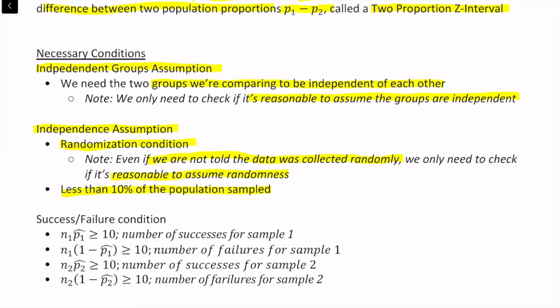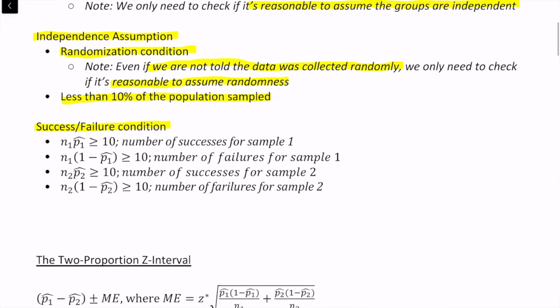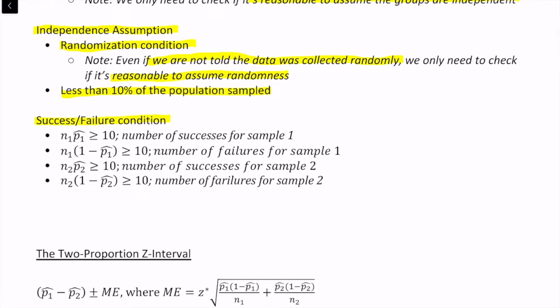Then, as you hopefully know, for proportions we have to ensure that we have the correct number of successes and failures, which we often refer to as the success and failure condition. Usually we do n times p and n times 1 minus p. You may be asking yourself, why do I have four checks here? Well, remember, we are taking two different samples.